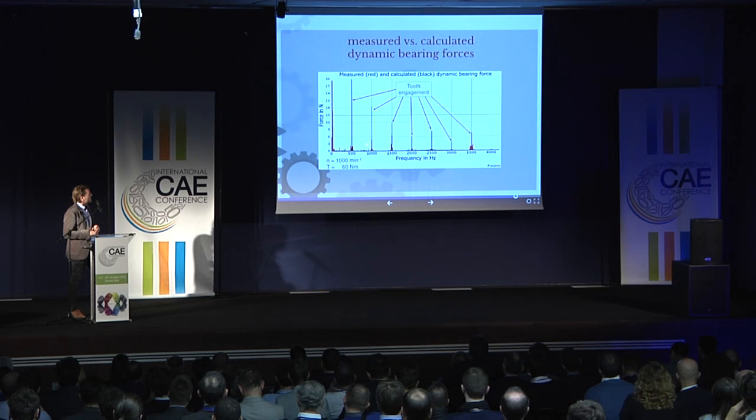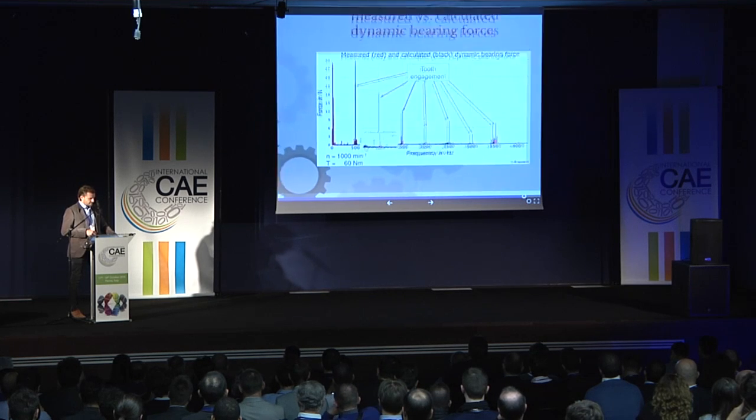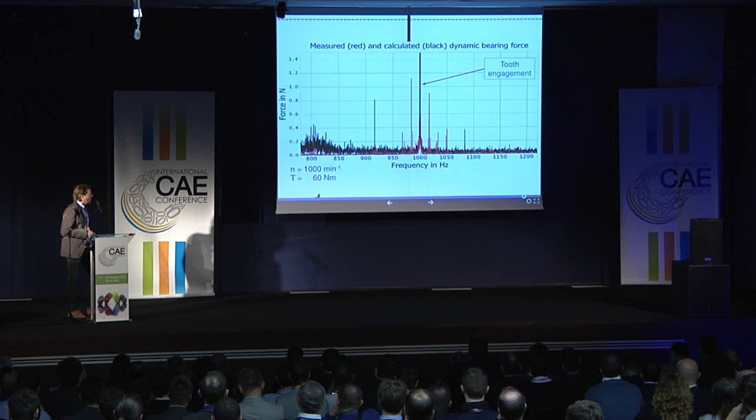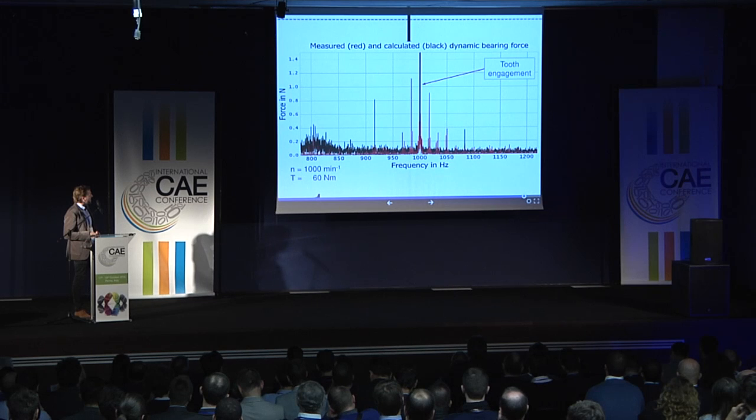So we have, again, tooth meshing frequencies which are matching very well, but we don't see very much right here, so let's zoom in again. What you see is what you get. We have tooth meshing frequencies right here. As I said, the red curve is measured, so we have all the side bands through the shafts and beat frequencies right here. And we measure bearings right here, and we simulate the bearings.